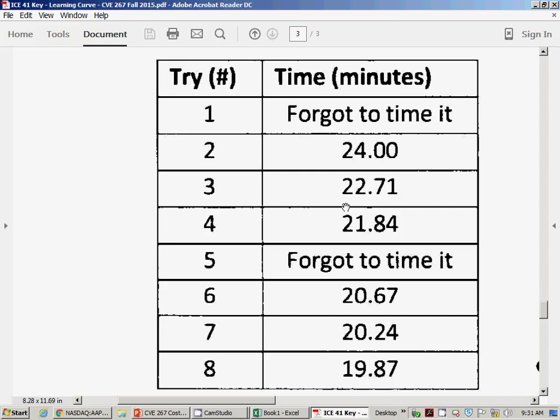All right, so here's the thing. Let's say that you want to find out basically, in this one, what's the main question here? After you've done it 100 times, how long will it take you to solve it after your 100th try? The only problem is you forgot to time it the very first time you did it.